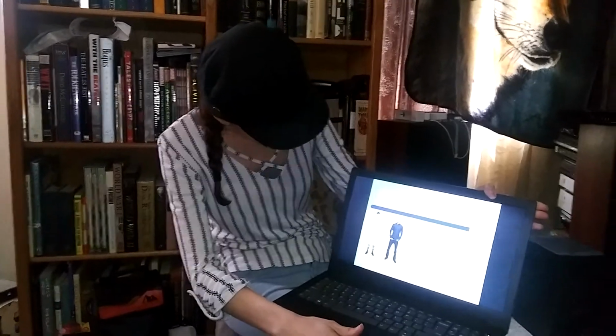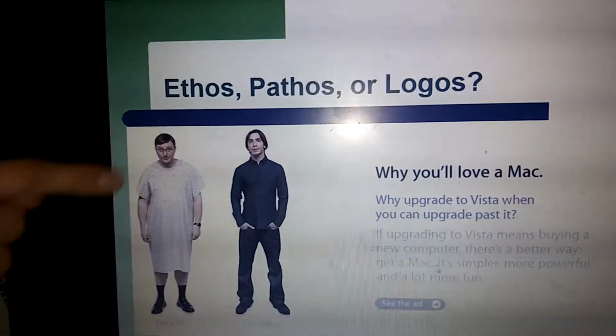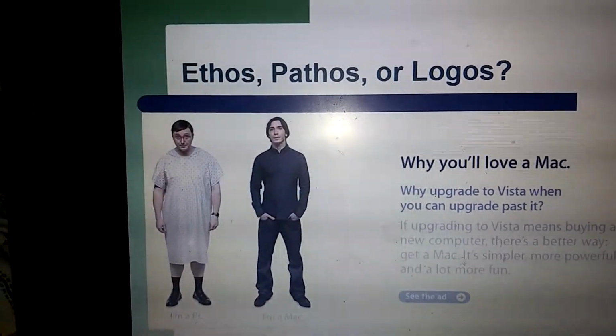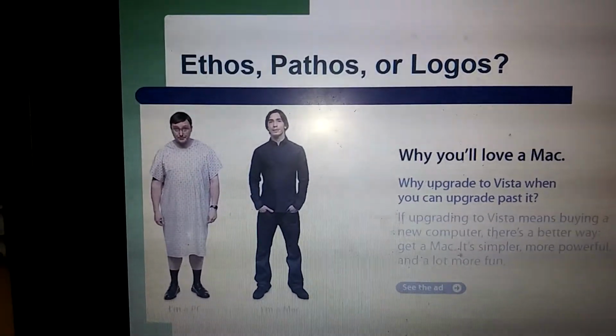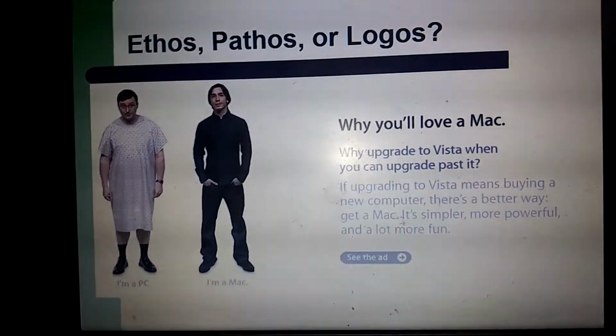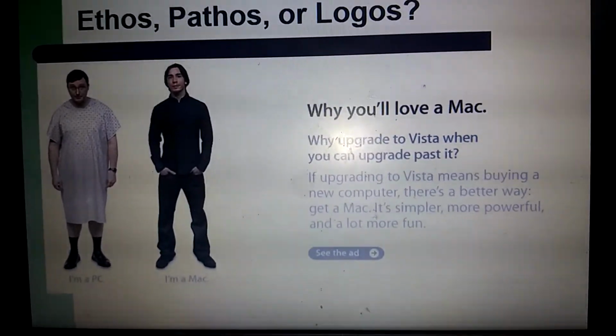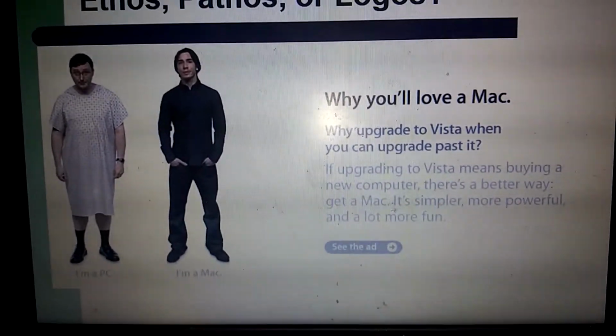Ethos, pathos, and logos, why I love a Mac. So this guy here is supposed to be a PC, and this guy here is supposed to be a Mac. Okay, so what appeal do you think that would be on this one? And then it has a little bit of information here. Okay, so two rhetorical strategies in this.